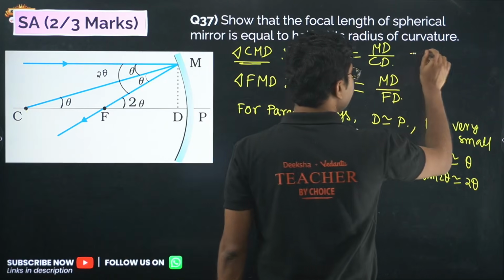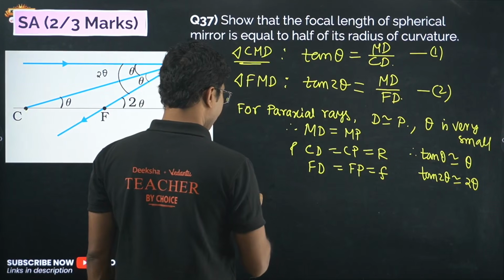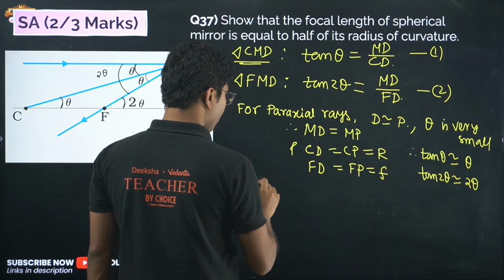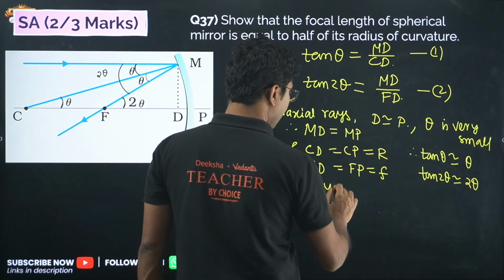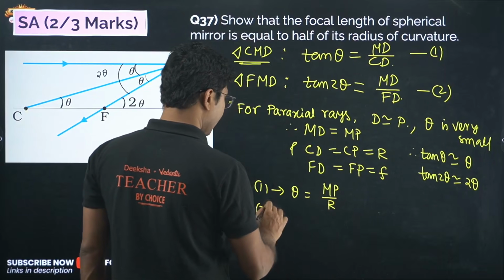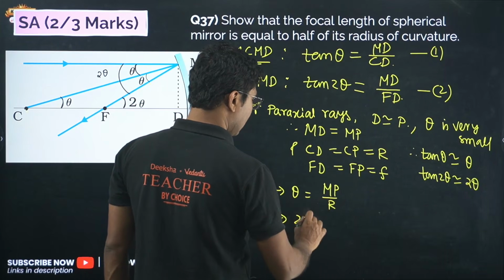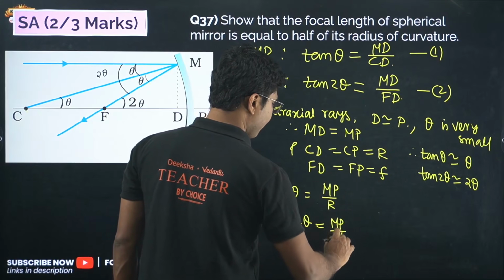Now we have to revisit equations 1 and 2. Therefore, from 1 we get theta equals MP by R, and from 2 we get 2 theta equals MP by f.